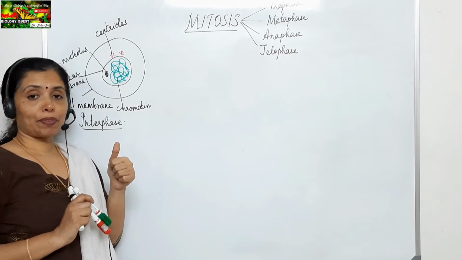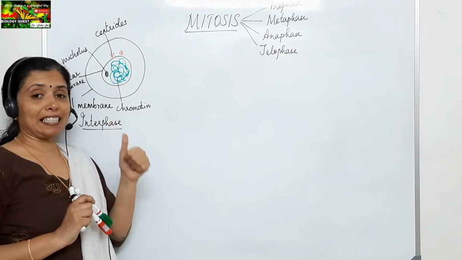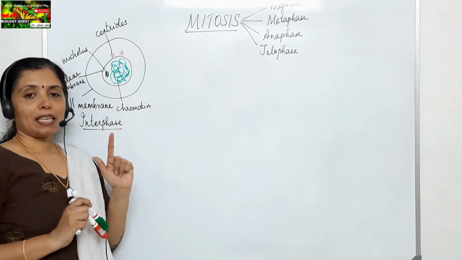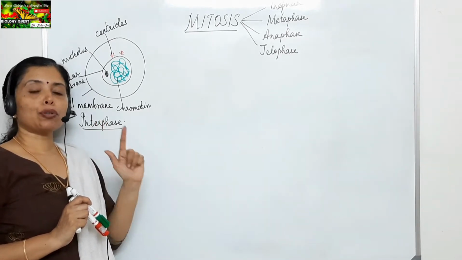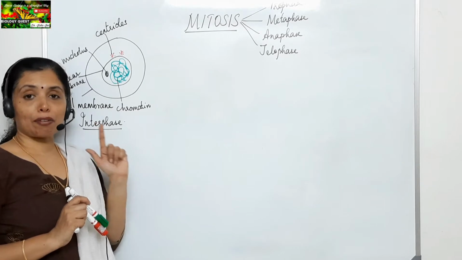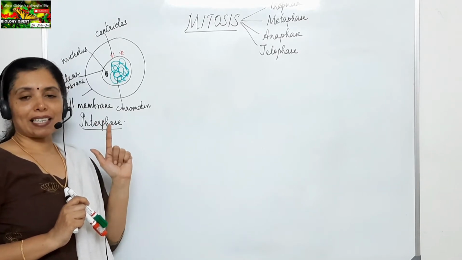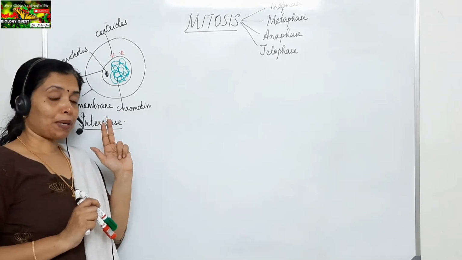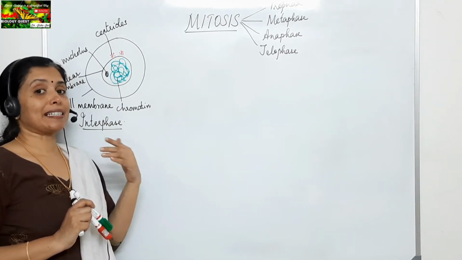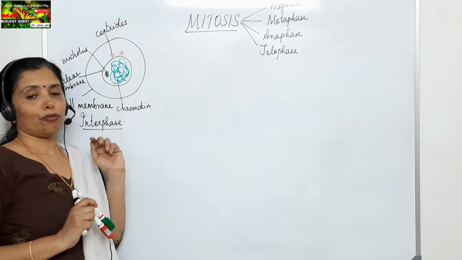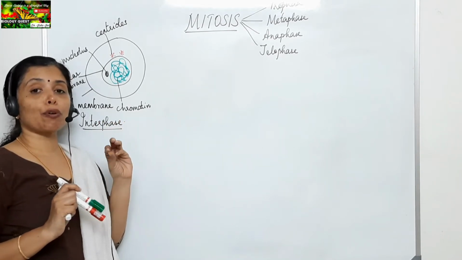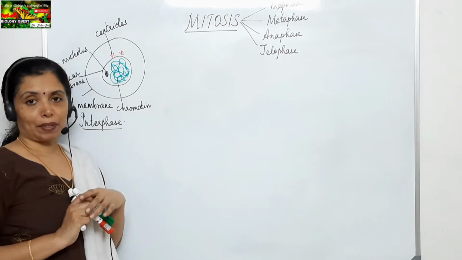So first thing, chromatin fibers condense and coil to form the chromosomes. Second point, each chromosome will have two arms, called chromatids, joined at the centromere. Third point, nuclear membrane and nucleolus disappear. Fourth point, the duplicated centrioles start moving to the opposite poles of the cell.